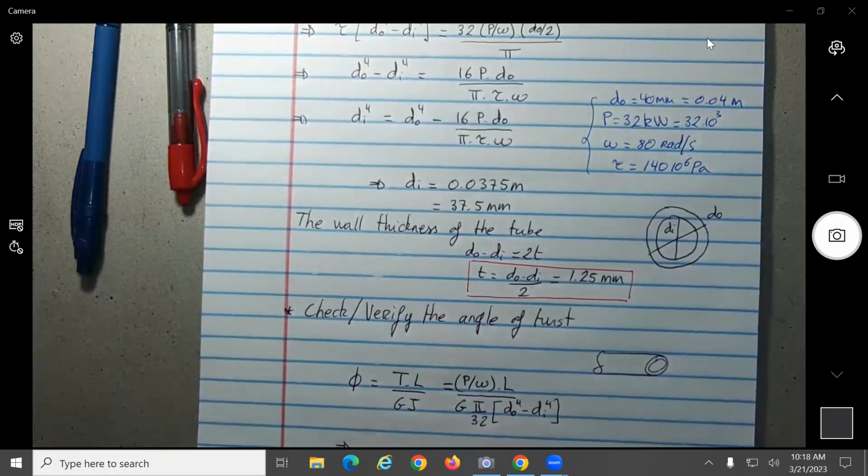So we can come over here. So this should be equal to what? We can write phi, let's do as before.